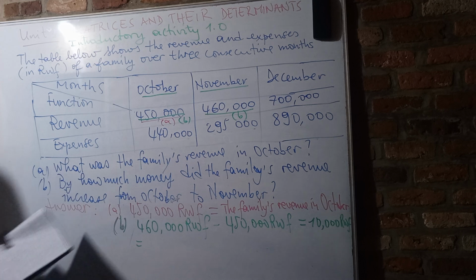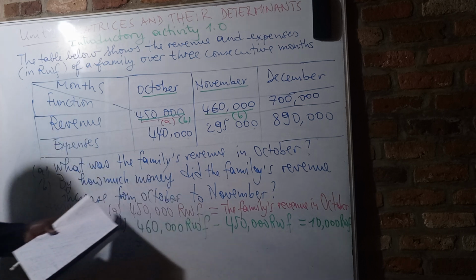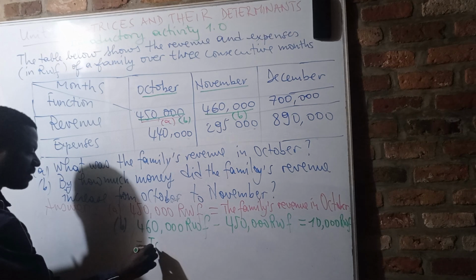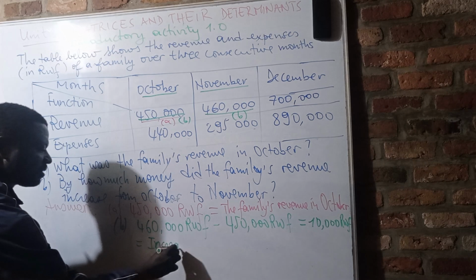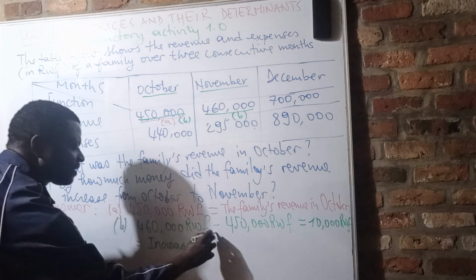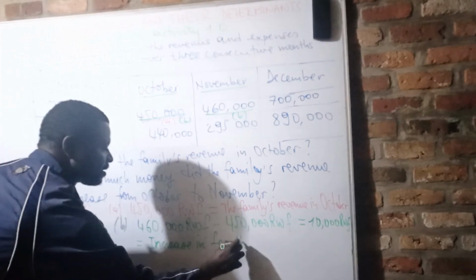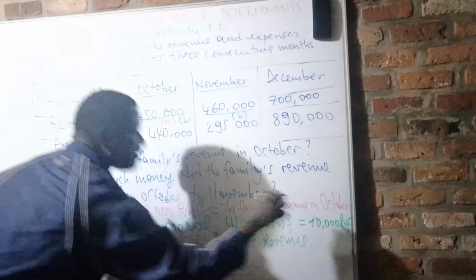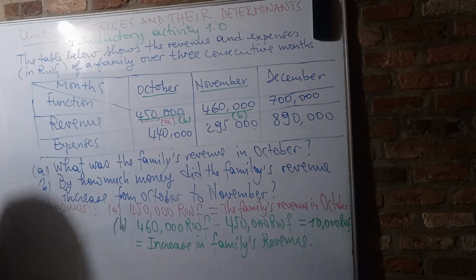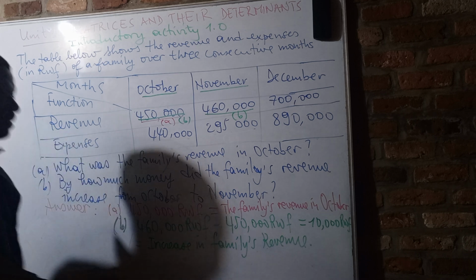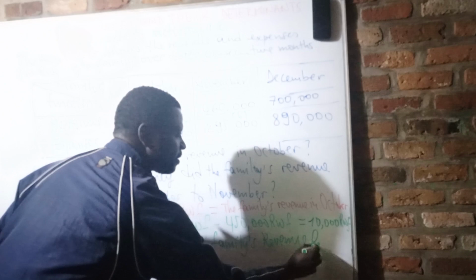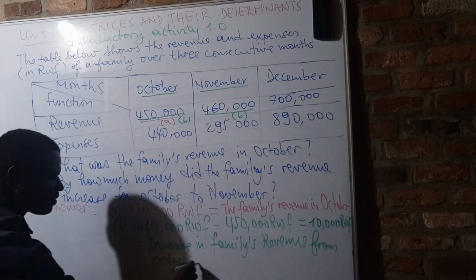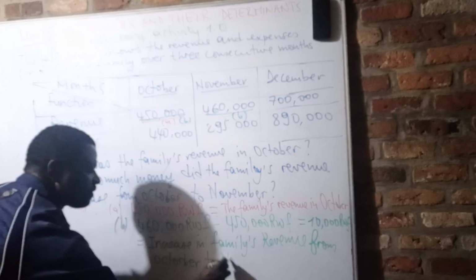This is the increase in family's revenue from October to the month of November.